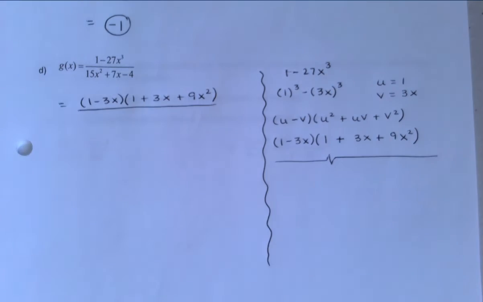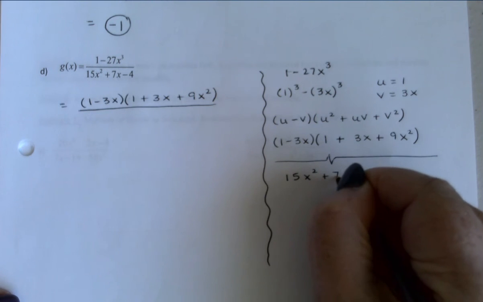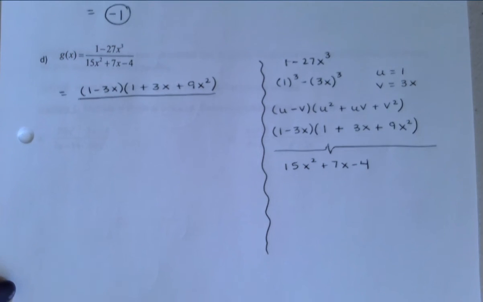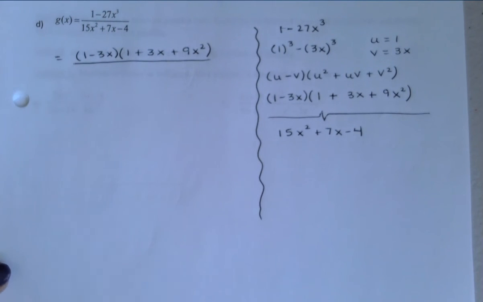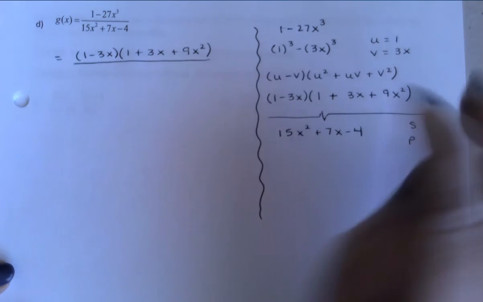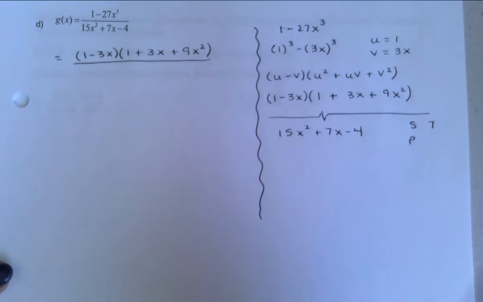All right, denominator. Let's do a little bit of work on that one. This time I have a trinomial, so I'm thinking sum and product, sum of 7. And the product here, 15 times negative 4 would be negative 60.